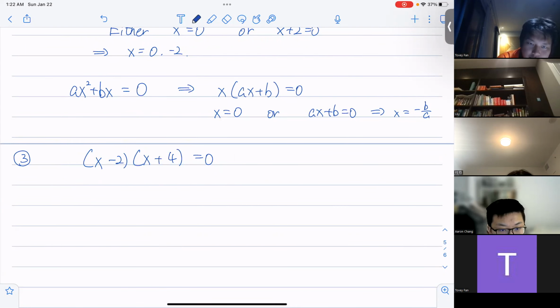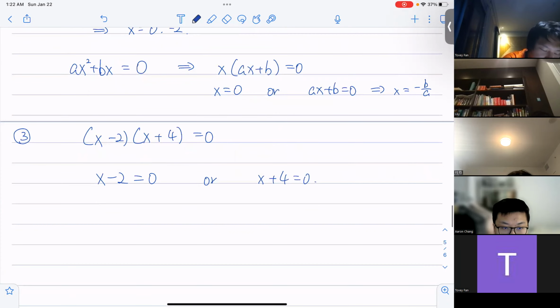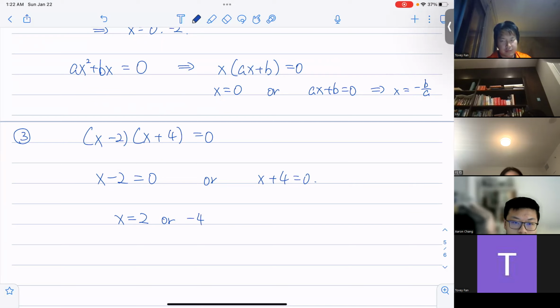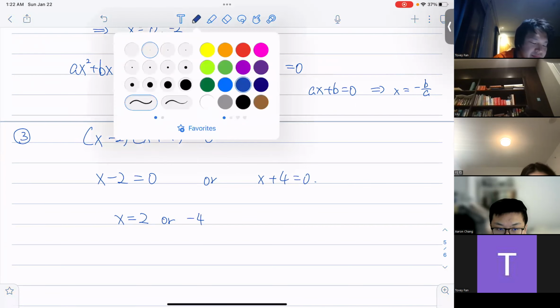So either the first number or the second number is 0. So either x minus 2 is 0 or x plus 4 is 0. Two solutions, right? So that means x is either 2 or negative 4. Okay, so a factored form is very easy to solve, okay? Very easy.